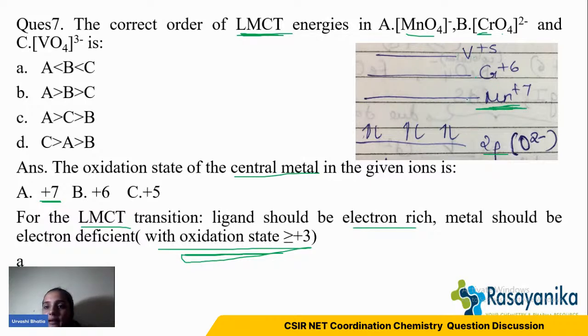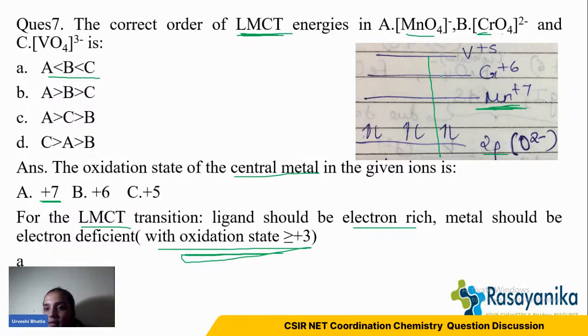So you can see the order of energy given here: C, D, A. Yes, this is the order. So we can see that the highest energy is required for vanadium, 2p to vanadium, right?